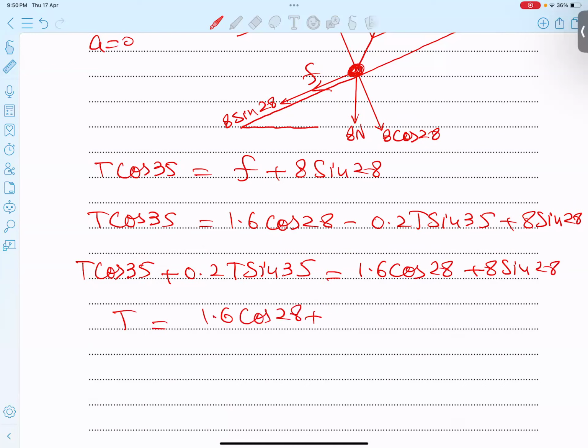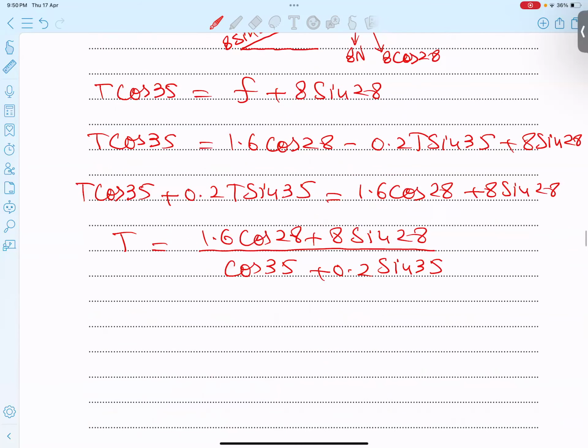And I believe this is not hard because in the previous part we have done this kind of job. So here I got cos 35, here I got 0.2 sine 35. And I'm going to type it again: 1.6 times cos 28 plus 8 times sine 28, and in the denominator cos 35 plus 0.2 times sine 35.